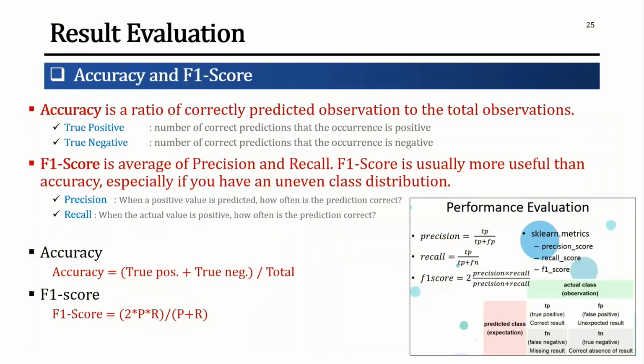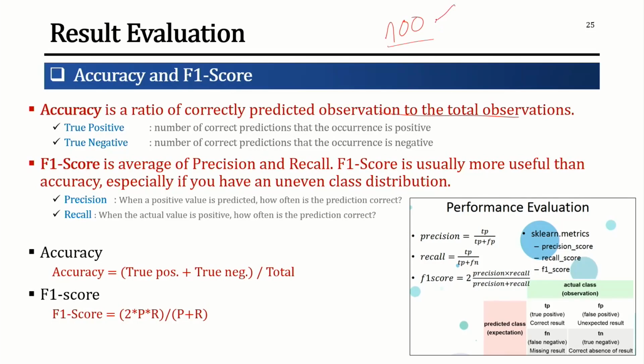So what is accuracy? It is the ratio of correctly predicted observations to the total observations. Normally people tend to use accuracy; it is the way we try to evaluate the results. For example, we have 100 articles and we want to classify them into a category, whether they belong to some topic or not.